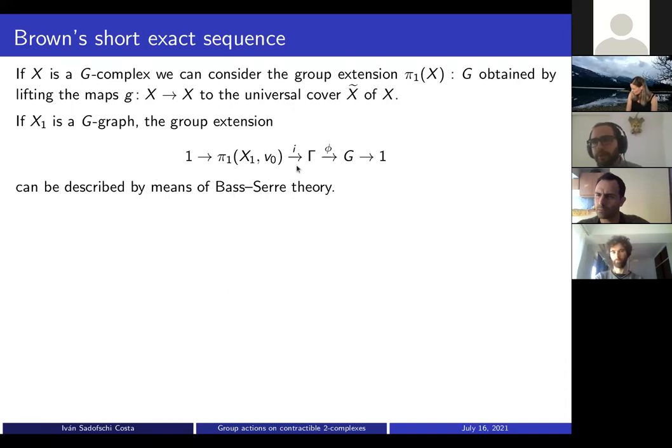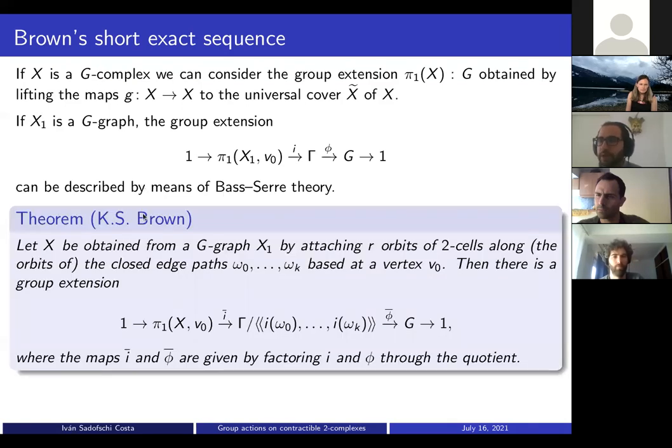So Bass-Serre theory describes this as an amalgamated product, and also describes those maps here. And moreover, since we are interested in what happens when we attach orbits of two cells to this, there is a result by Ken Brown, which is the following.